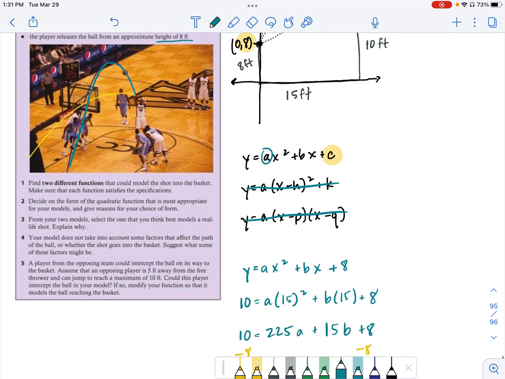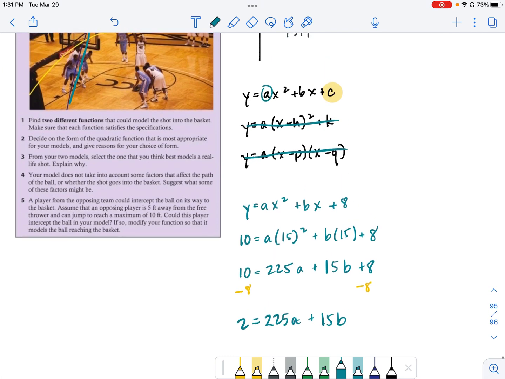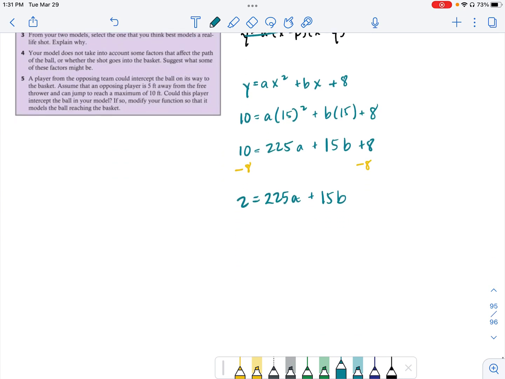And we can just, at this point, because we don't know a and b and we're told to find two different, we get to just pick what we want a and b to be. But we want to pick an a that's negative. So let's go easy and just let a equal -1. So if a is -1, then we have 2 equals 225 times -1 plus 15b.